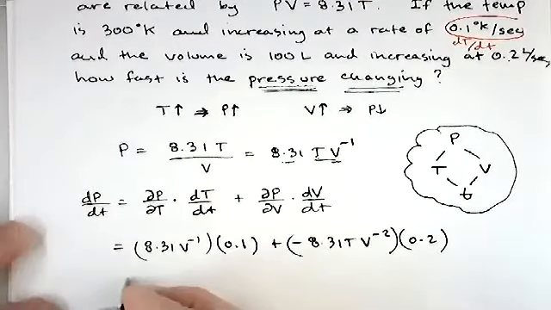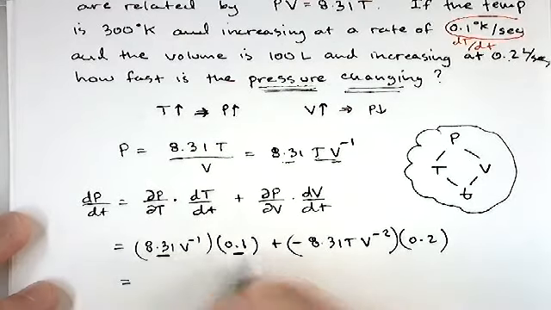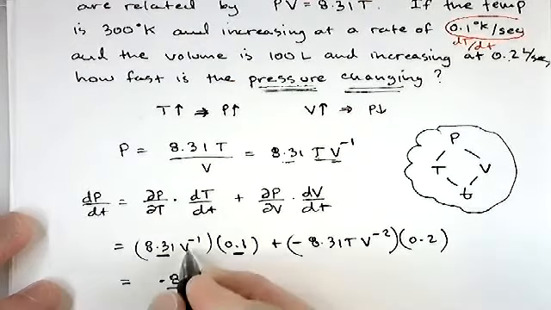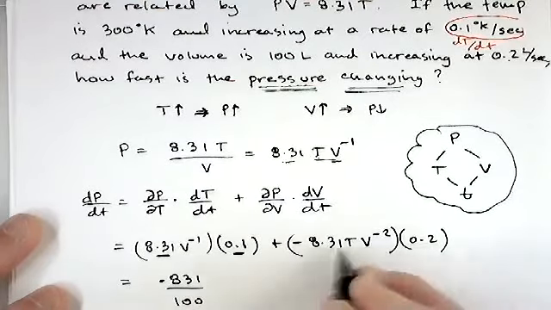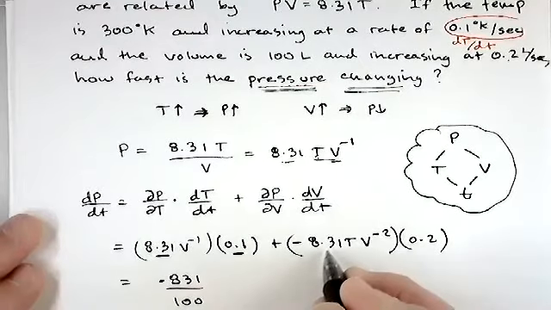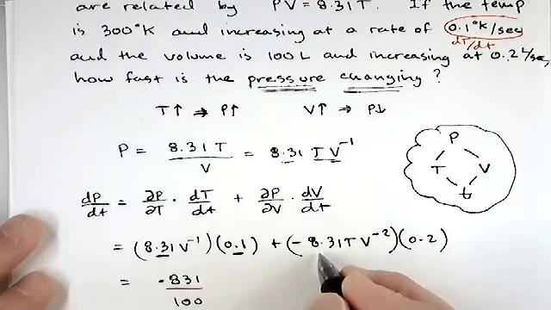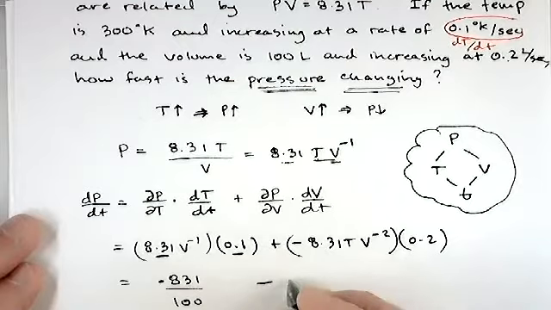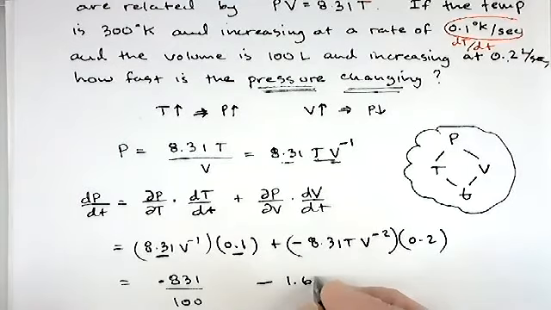And then you would just plug these numbers in. 8.31 times 0.1 is 0.831, divided by V, which was given to be 100 liters. And then I don't know what that is. If I multiply 0.2 times 83.1, that would be, wait, 1.662, is that right?